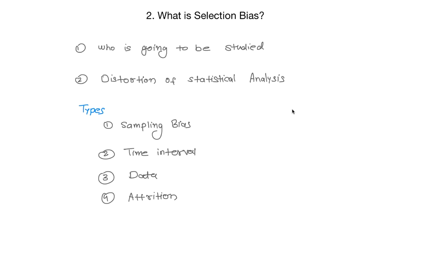Time interval is another bias, and the fourth bias which data scientists make is attrition bias. These are the four kinds of bias which a data scientist might make, and as a result of this bias, the study or the results might not be accurate.